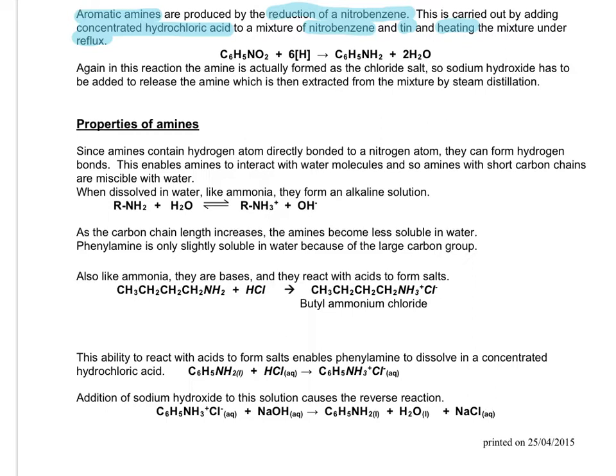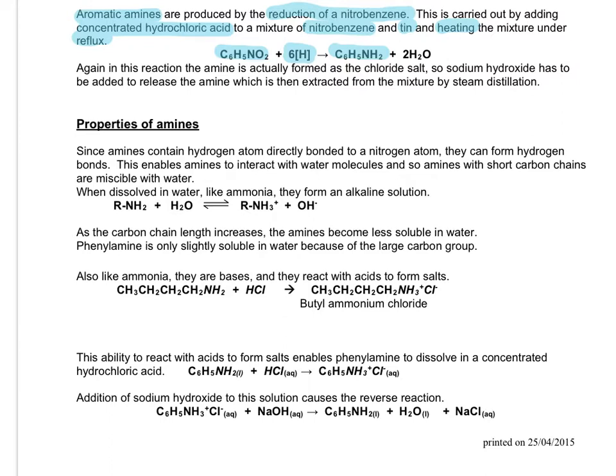You represent this by having your nitrated benzene, your nitrobenzene, and we show here our reducing agent. That is represented by an H in square brackets, and what you'll get is your products are your aromatic amine, your ring amine, and you'll also get water.